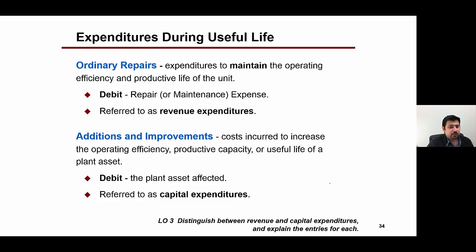Now, there's another kind of expenditure that might happen, which are additions and improvements. And this cost will be capitalized, and this is usually used in order to increase the productivity or the operating efficiency of the asset. For example, for a delivery truck, when the company purchases a new, bigger trailer in order to increase the delivery capacity of that truck, this will be debited to the plant asset itself.